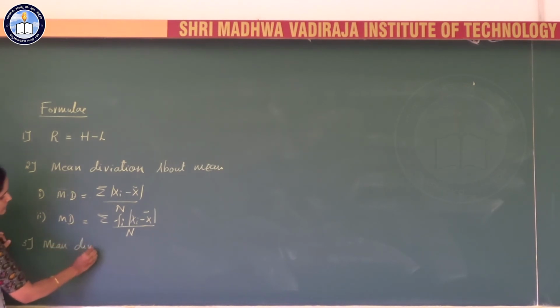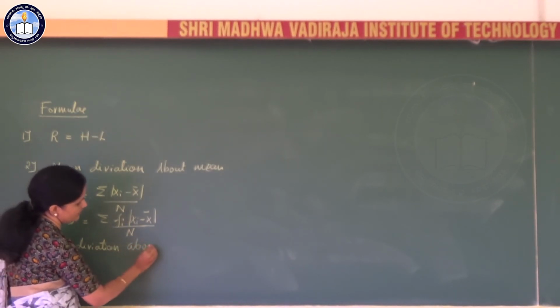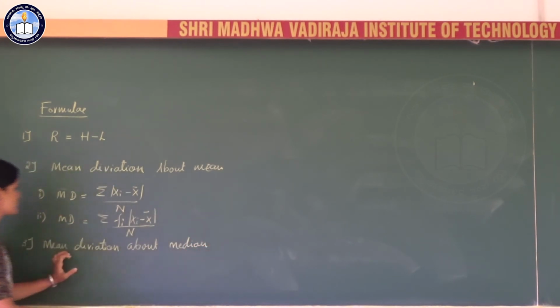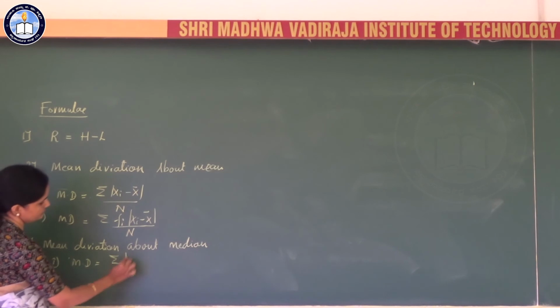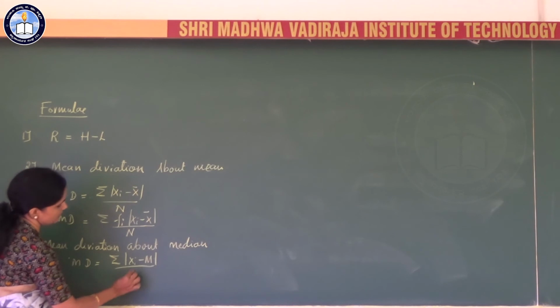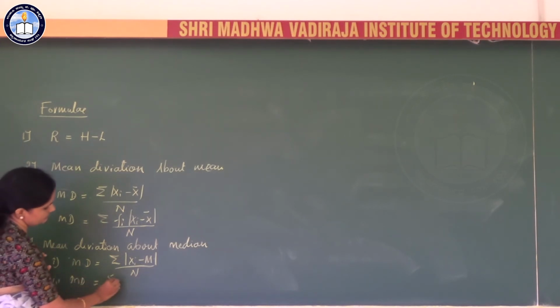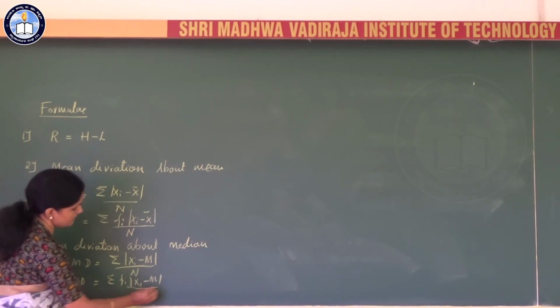So mean deviation about median. So for ungrouped, mean deviation is equal to sigma xi minus m, where m is the median, divided by n, and for the grouped data mean deviation is equal to sigma fi into xi minus m divided by n.